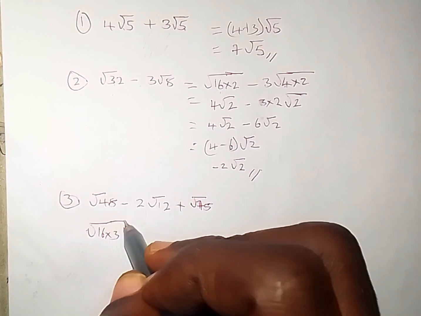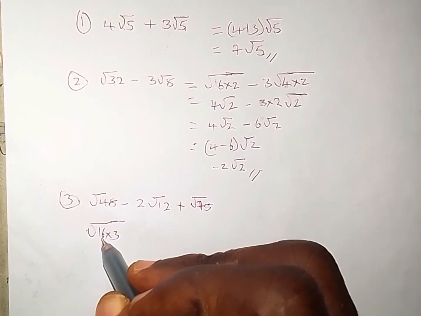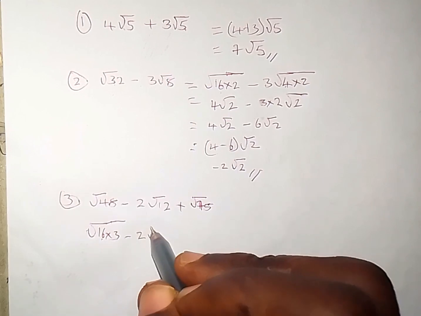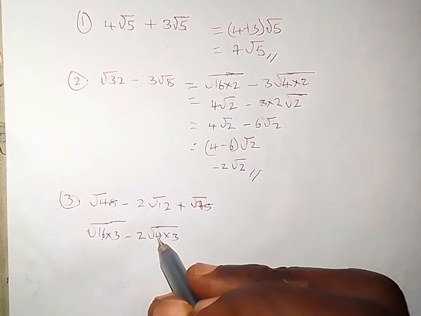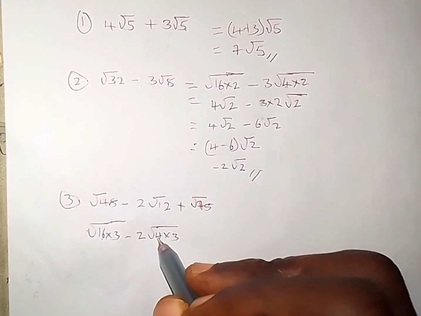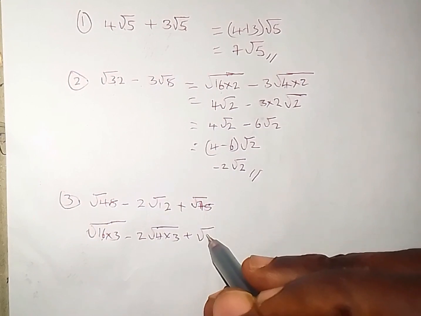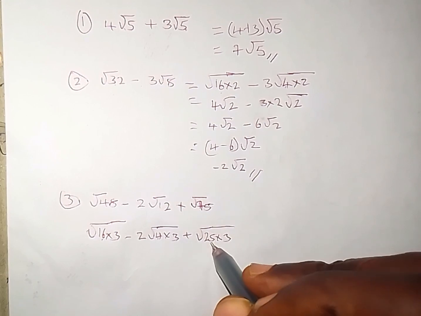You can see that one of the factors is a perfect square. Minus 2, that is 4 times 3. See here also one of the factors is a perfect square. Plus square root of 75 can be written as 25 times 3. You can see that one of the factors is a perfect square.